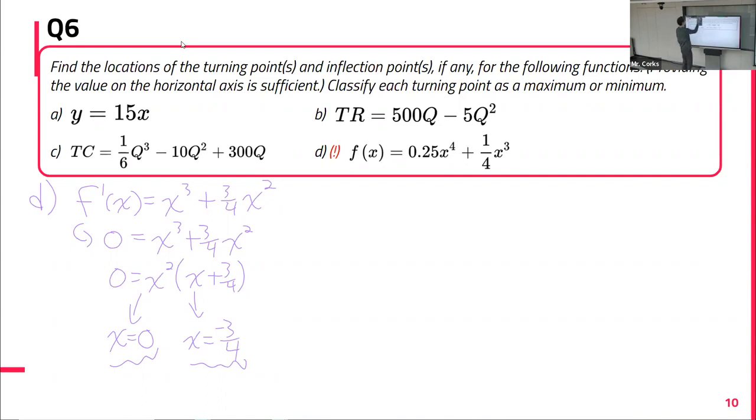And next we'll do our second derivative test. So our second derivative is 3x squared plus 3 over 2 x. We'll substitute in these points here. So f double prime at 0 will be equal to just 3 times 0 squared and then 0 here. It actually just turns out to be 0.